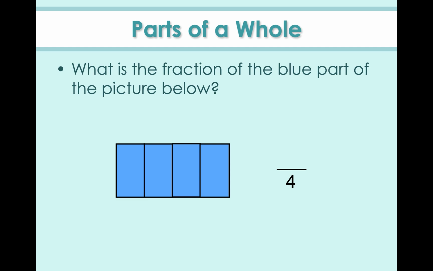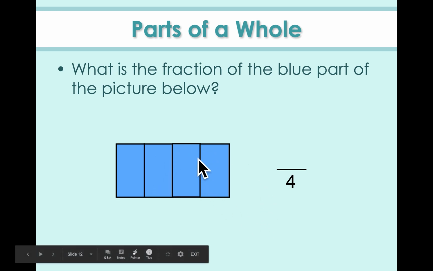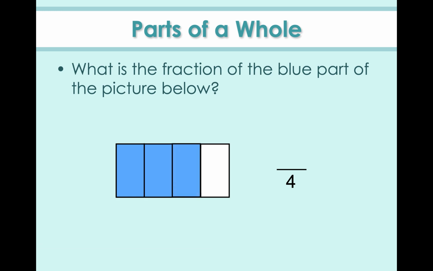All right, so what is the fraction of the blue part of the picture below? Okay, and each time, 1 out of the 4 pieces is being colored in. So in the beginning, I had 1/4. Now I have 2/4, now 3/4, and now the whole rectangle is colored in. So that's 4 out of the 4 pieces, okay? Or one whole.